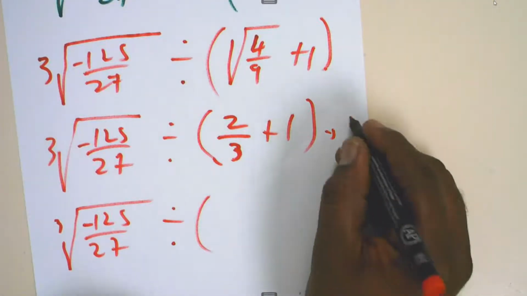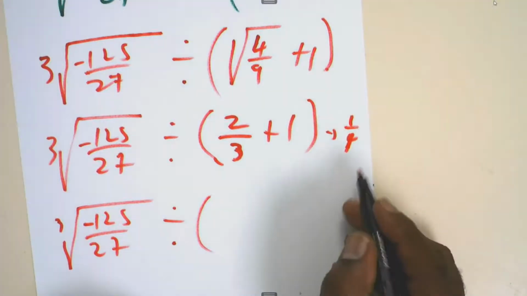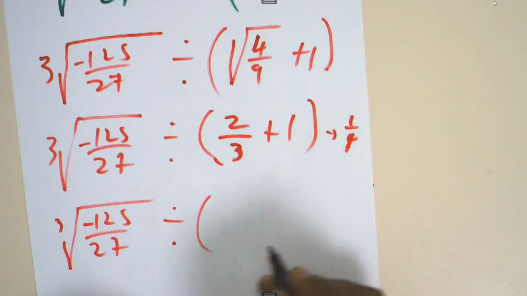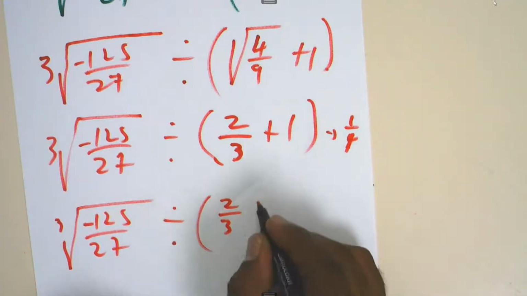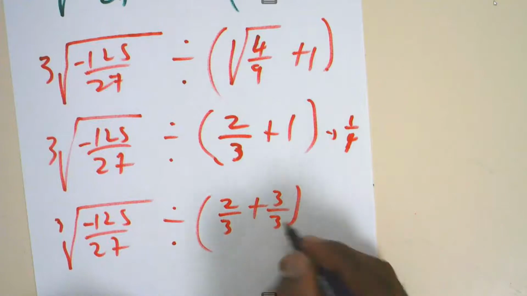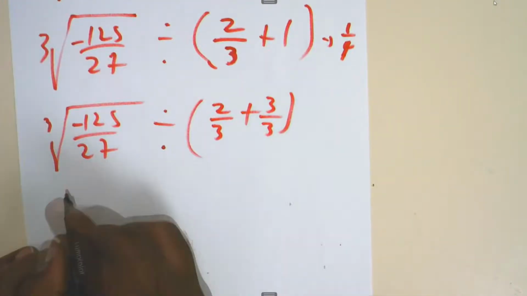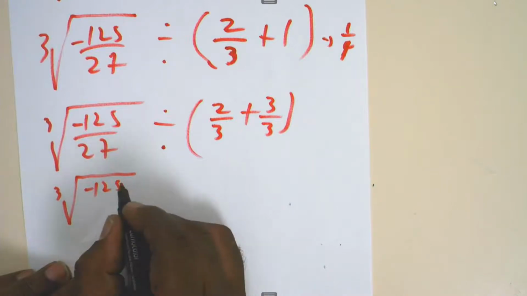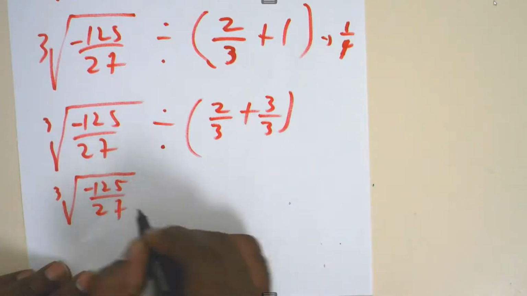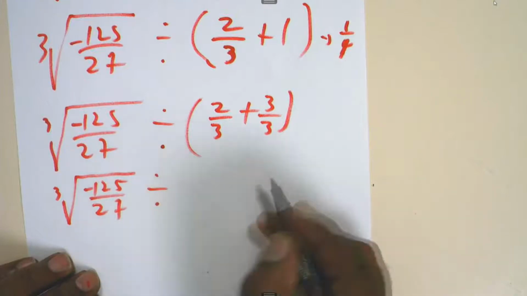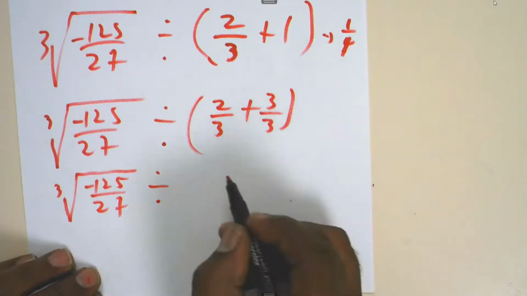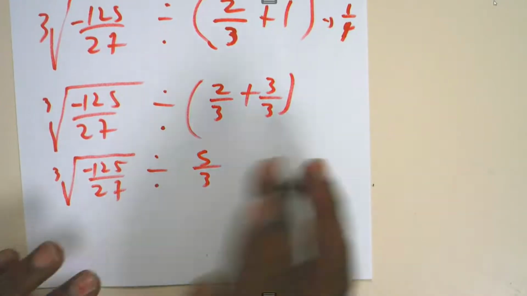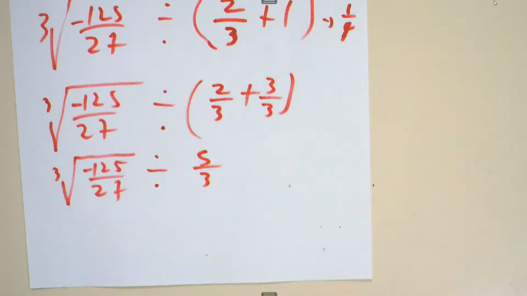We know 1 means 1 over 1, and to make the denominator 3, multiply denominator by 3 and numerator by 3. Therefore, it will be 2 over 3 plus 3 over 3. Which is, because of LCM, 5 over 3. Now we have sorted out the bracket.